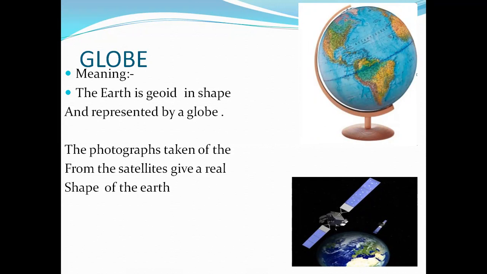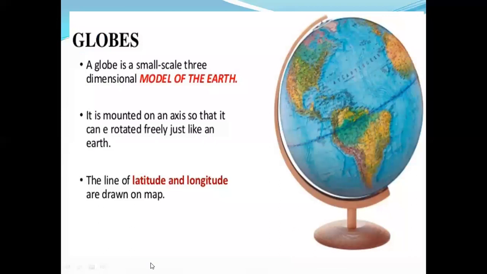Yes or no, children? The globe is a model of the earth. What is a model of the earth? The globe is a small-scale, three-dimensional model of the earth. What do you mean by globe?